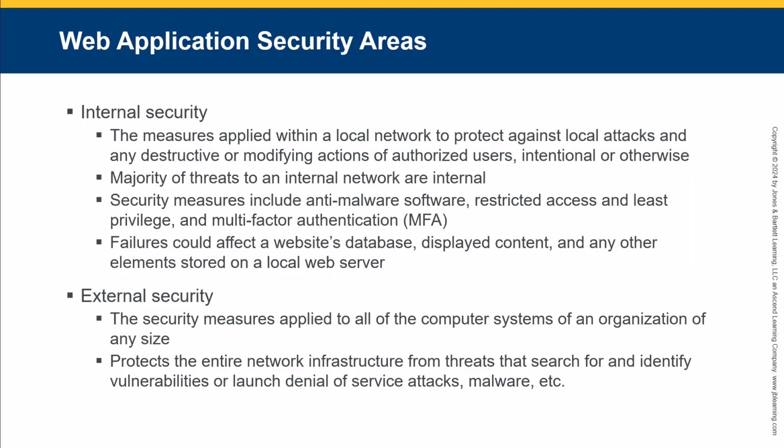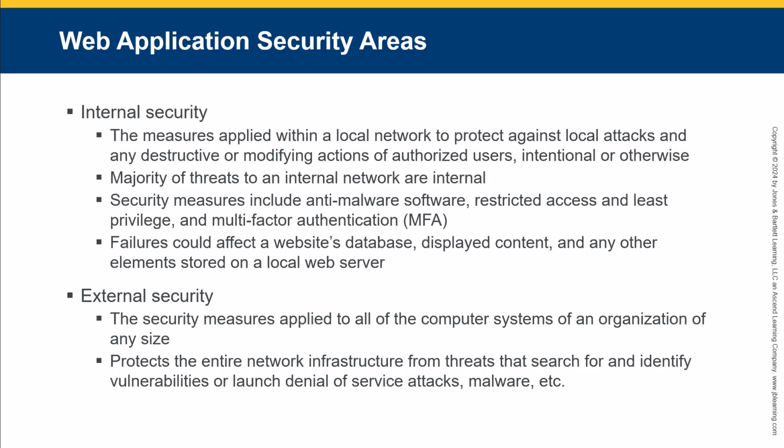So, application security areas. We have internal security and we have external security. Internal, the measures are applied within a local network to protect against local attacks. Again, that's going to be like on the LAN. The majority of the threats here for internal networks are, again, internal.